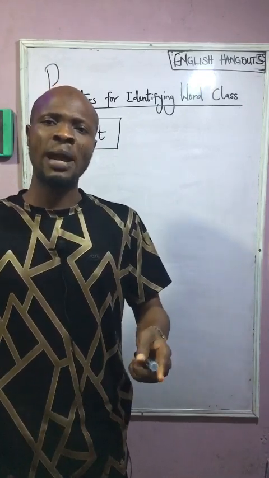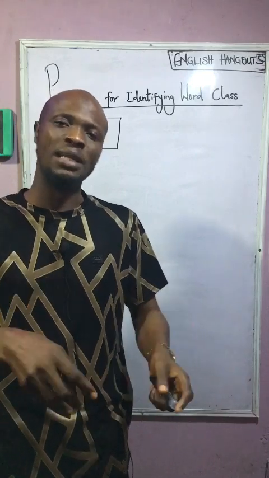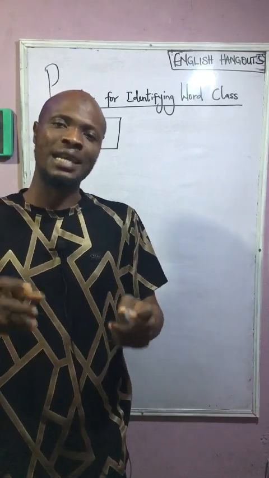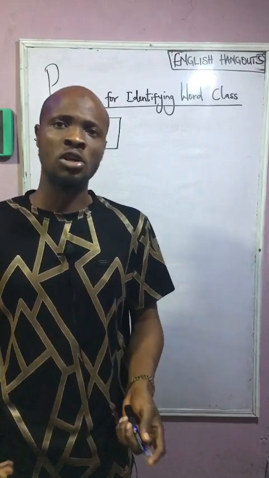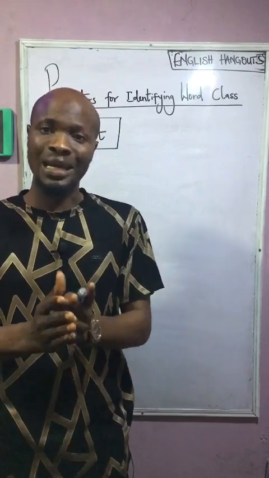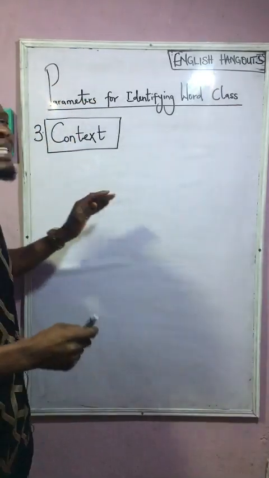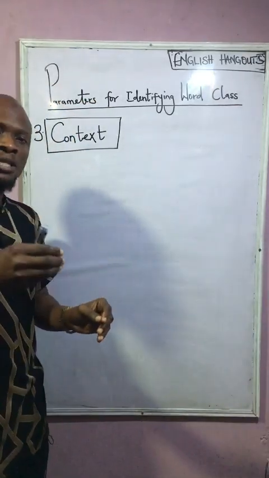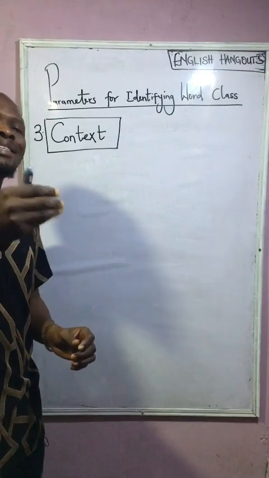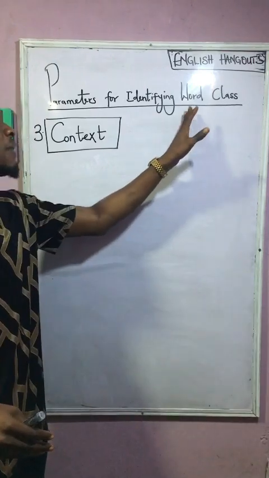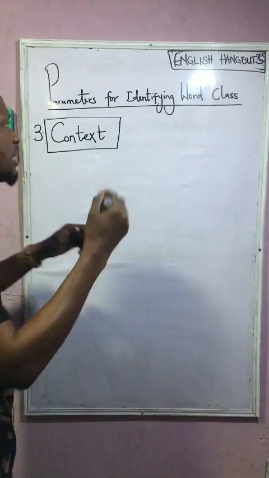The environment will determine if it is a noun, a verb, a preposition, or any other word class. Therefore, context is the most acceptable, the most recognized criterion for identifying word class. This is what I'm trying to say in essence.